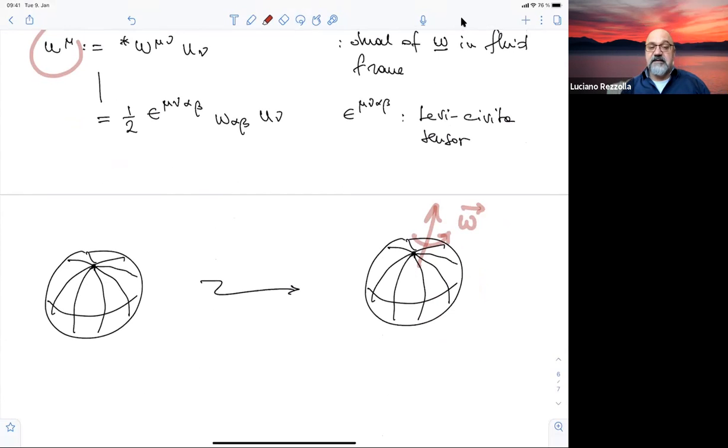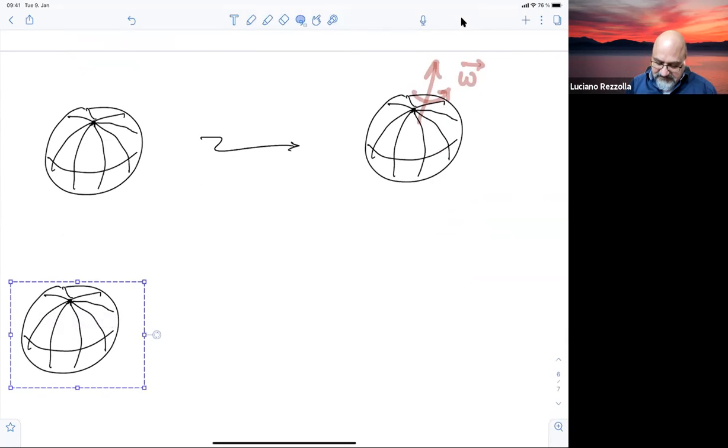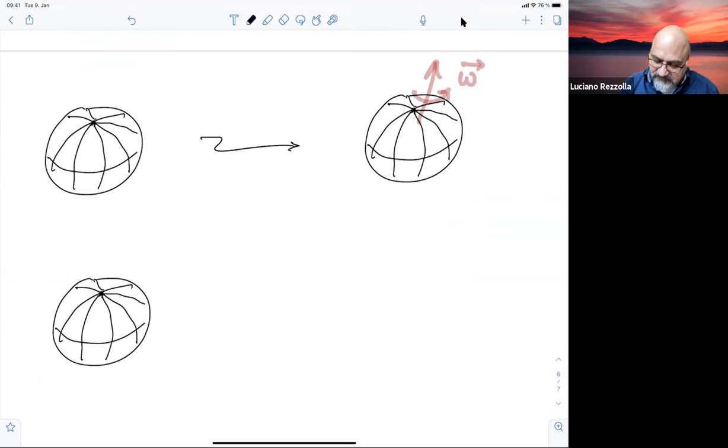So if you want to think about, say, turbulence, and you want to describe how much a fluid element is undergoing a certain vortical motion, well, then you are going to give a certain number to this little vector here, omega. For the same reason, let me say that this is vorticity.